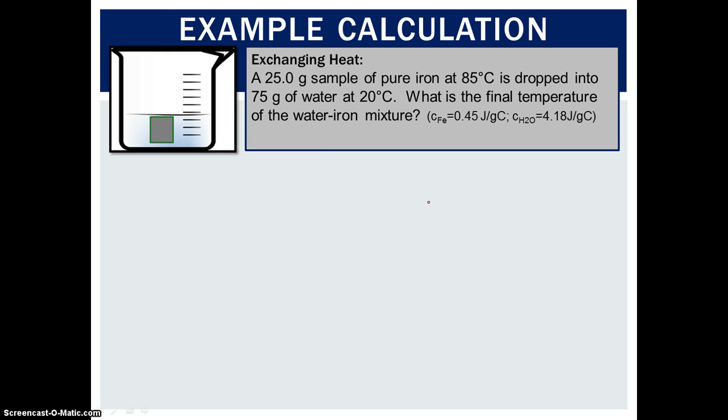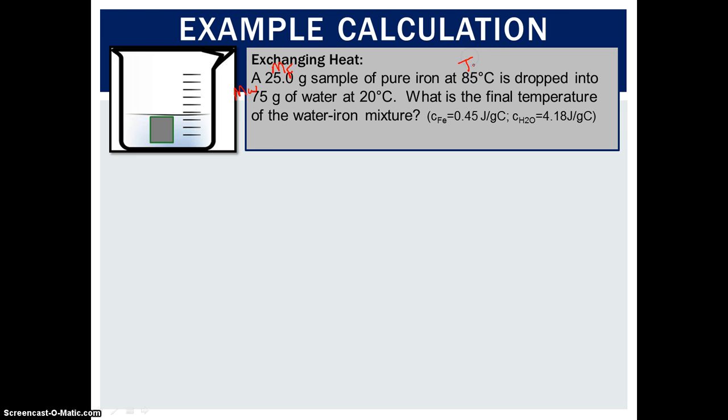Okay, so let's go through first and identify some of our things. In these cases, you'll be given two masses. This first one we'll call MF, the mass of iron. I'm saying F because iron is Fe. And here we have MW, the mass of water. You're also given the initial temperature.